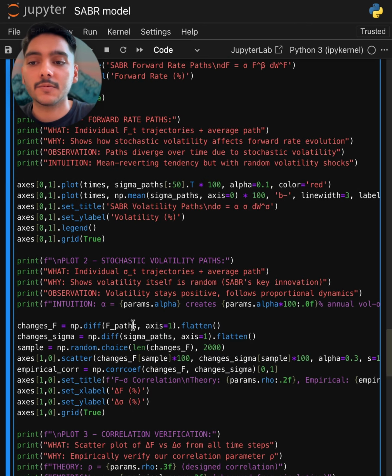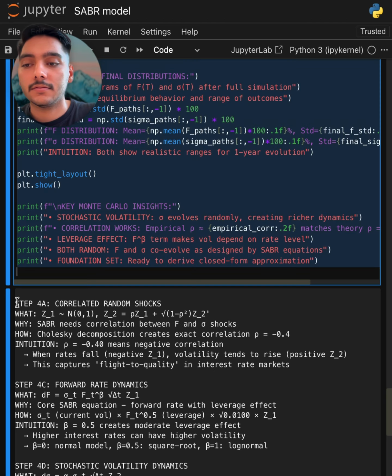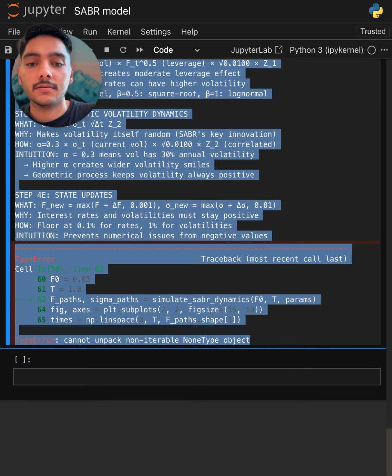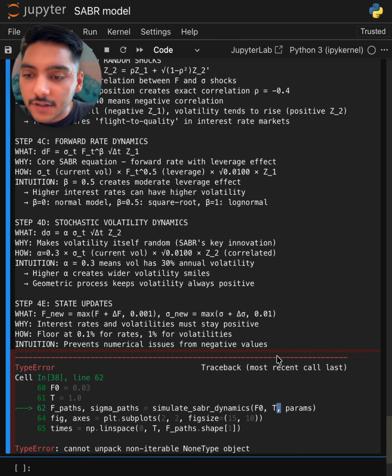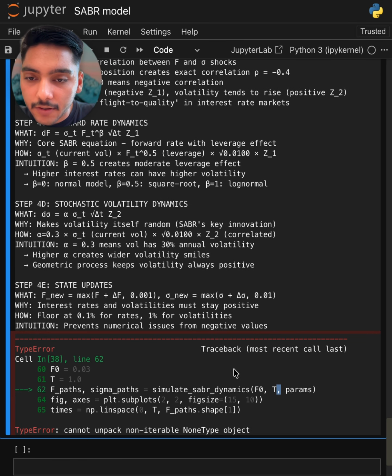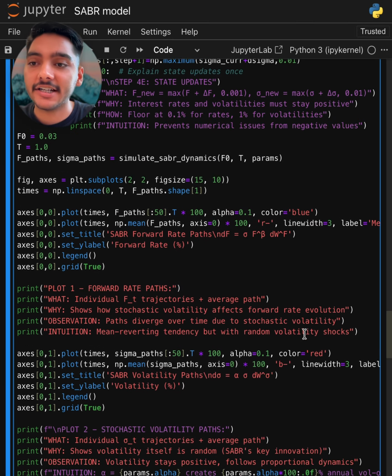So there is some error. Let me check where we are making the mistake. Let me see: cannot unpack. I think we have a command error here. Oh, okay. This is the same error I made when I was writing the code the first time.